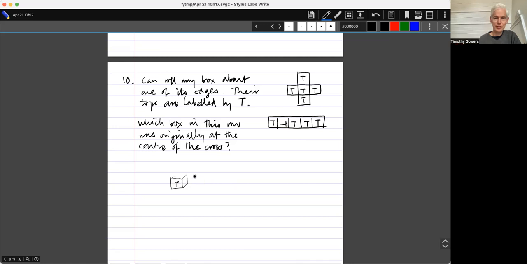So if I rotate about this edge here, I get to, so this was the original square it was sitting on. So I now get a new cube, and that T has gone sort of backwards to there. If I now rotate it sideways, so those are the 2 squares where it used to be.